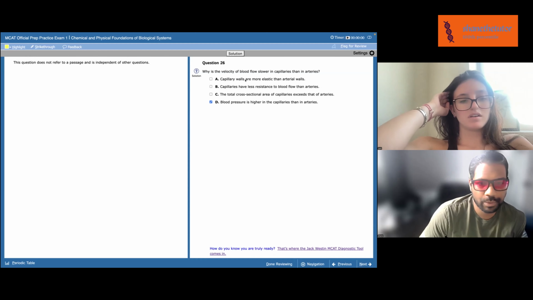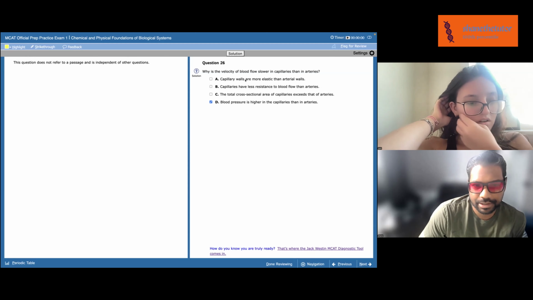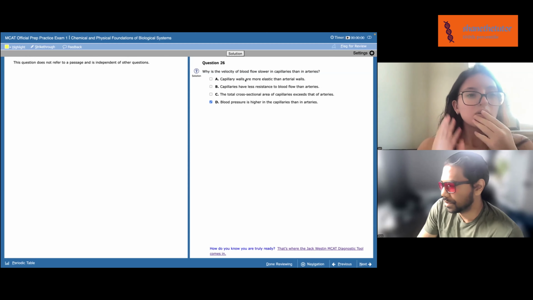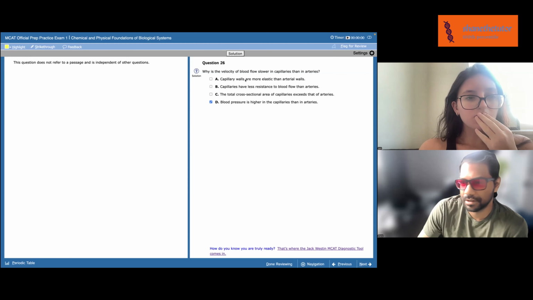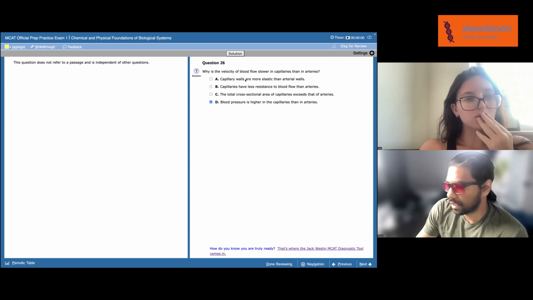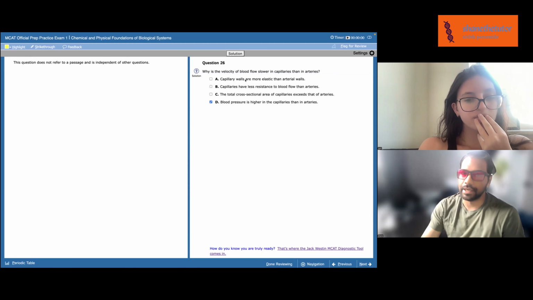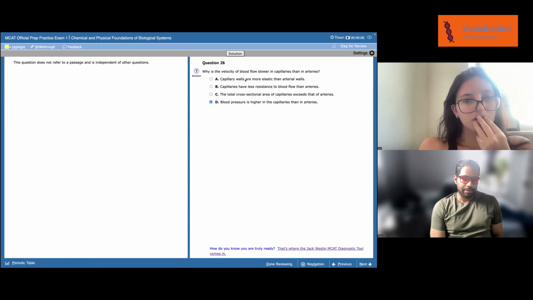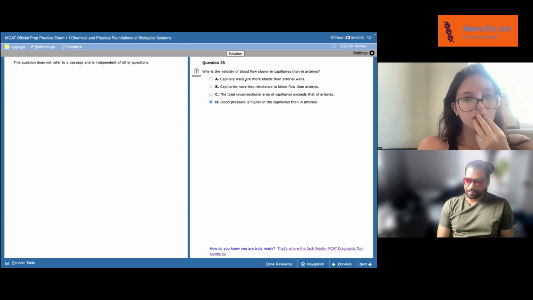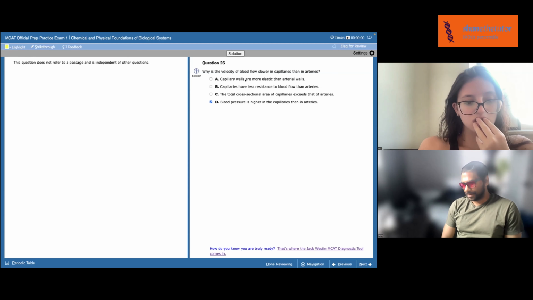So how do we get oxygenated blood in the arteries to what is it in the veins? Non-oxygenated. So the capillary must be like a membrane that allows the oxygen to pass through. So the capillaries are what lets the oxygen go from the blood to the organs, the tissue, the cells that need it.